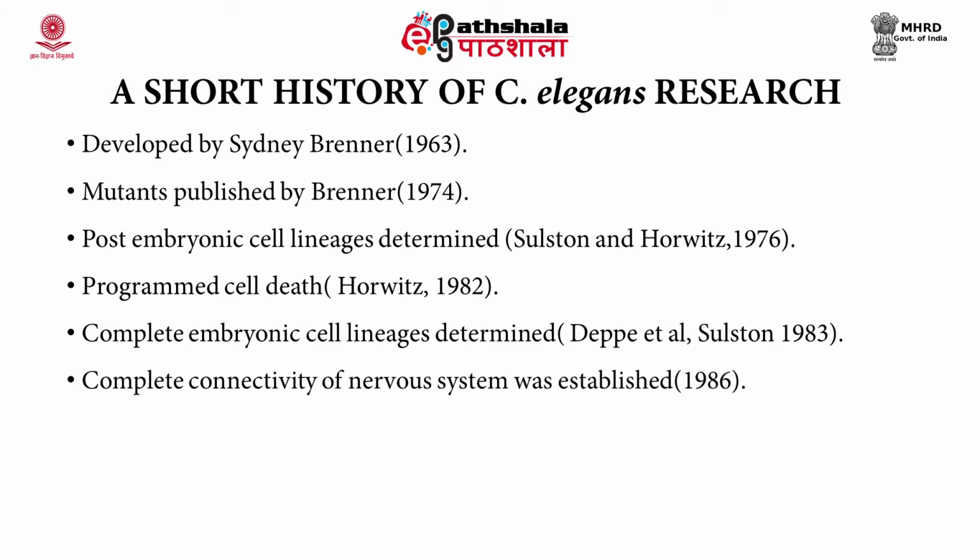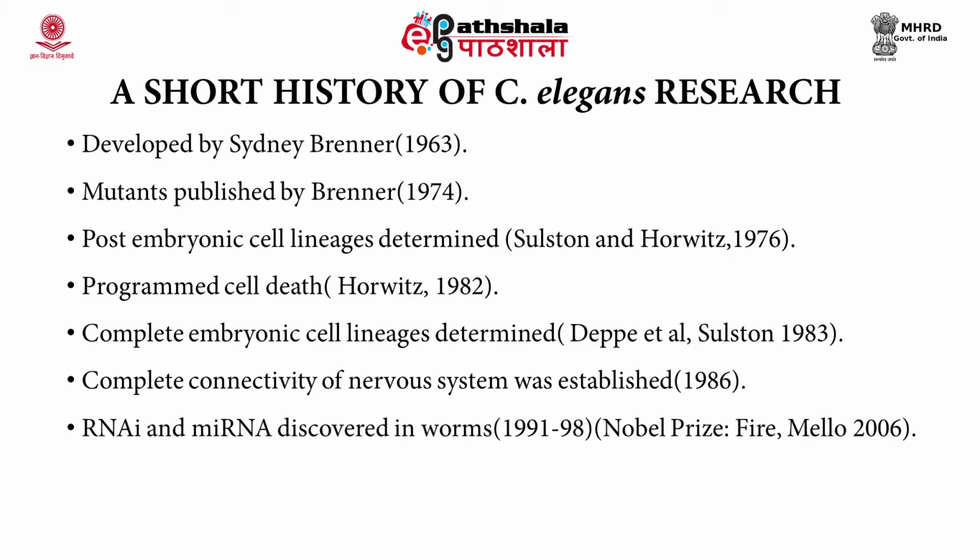Complete connectivity of nervous system was established in the year 1986. RNAi and miRNA was discovered in these worms in 1991 to 98, for which Fire and Mello won the Nobel Prize in 2006.